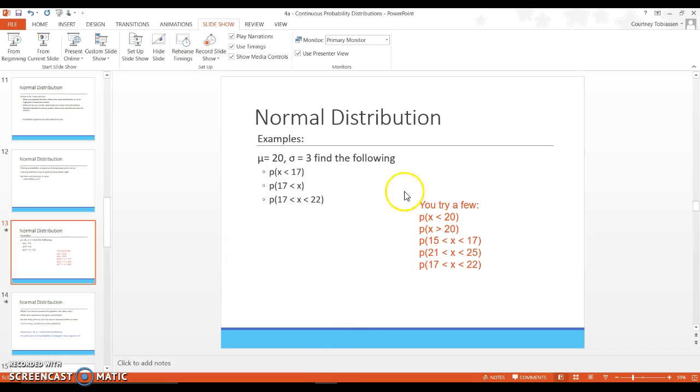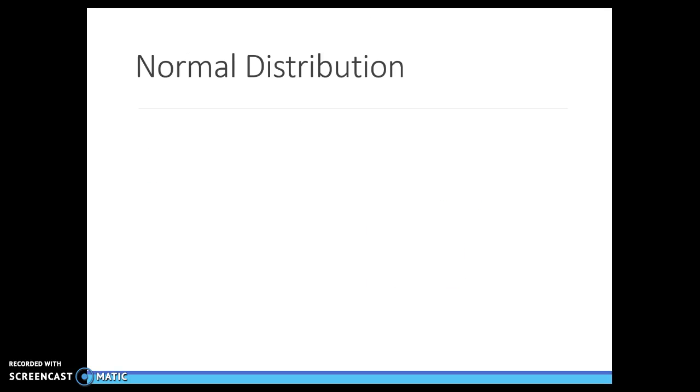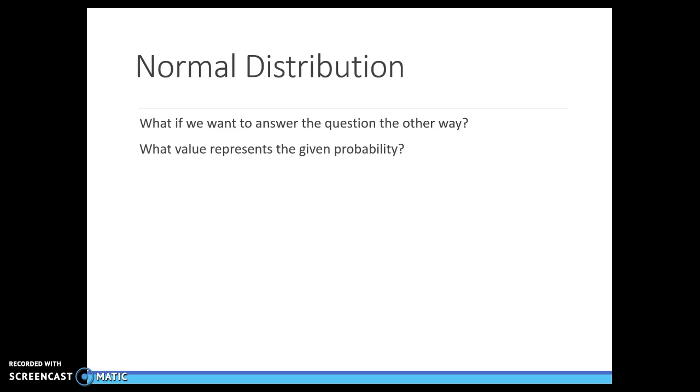So take a minute, and I want you to pause the video, go into Excel, and try working with these three with norm.dist. When you are done with that, we can also ask the question the other way. So instead of what value gives a probability, we can ask it the other way. So we were saying at 17, what's the probability of this happening?